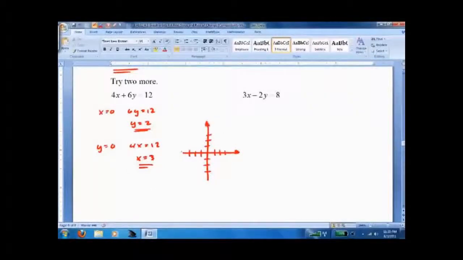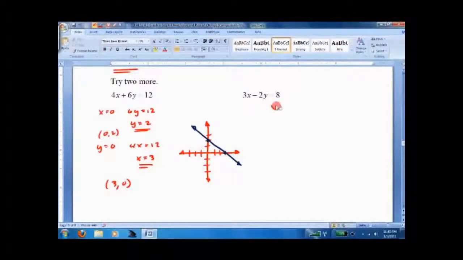Always got to put on your arrowheads. And down here it's (3, 0). And up here it's (0, 2). So 2 and 3. Connect the dots, which is always a lot trickier than it looks. We're done. So we'll graph pretty quickly.